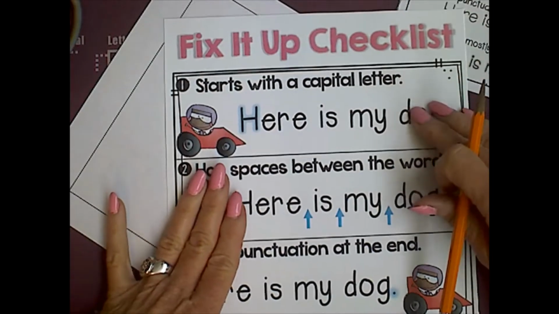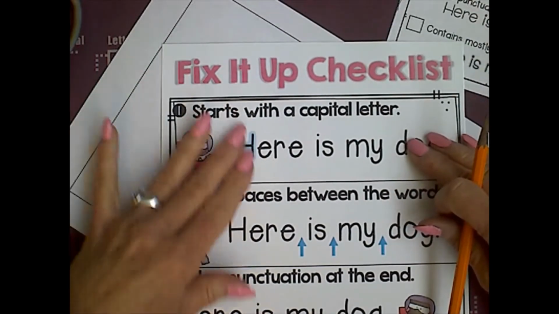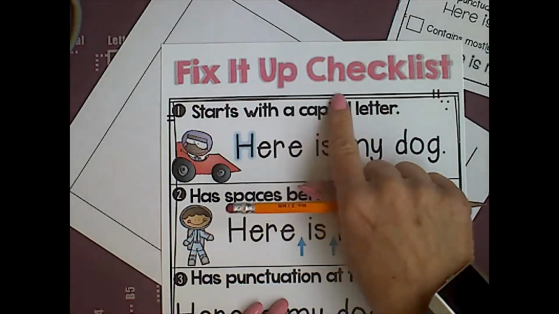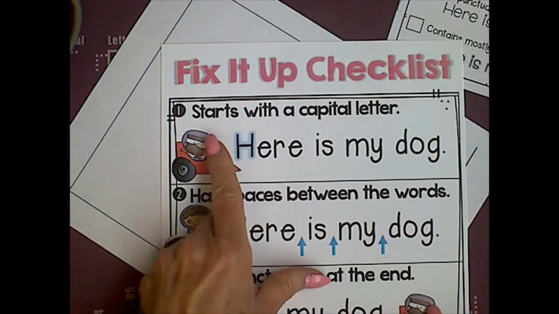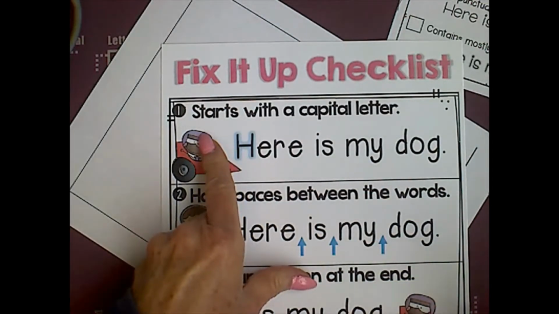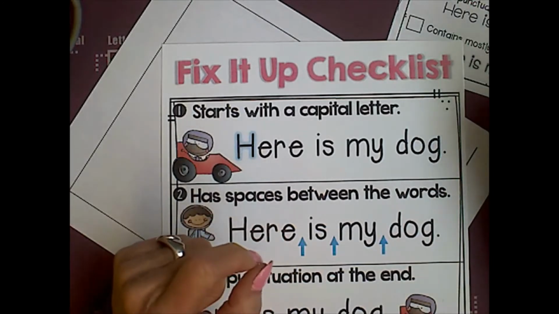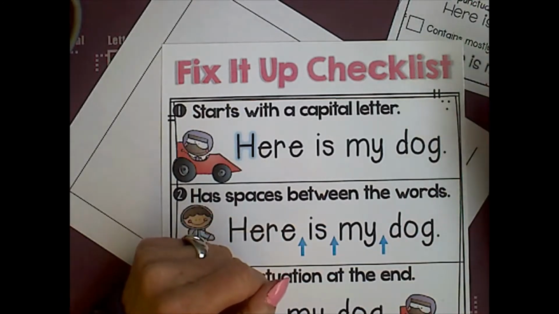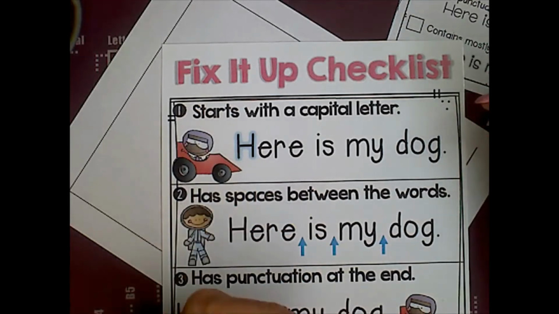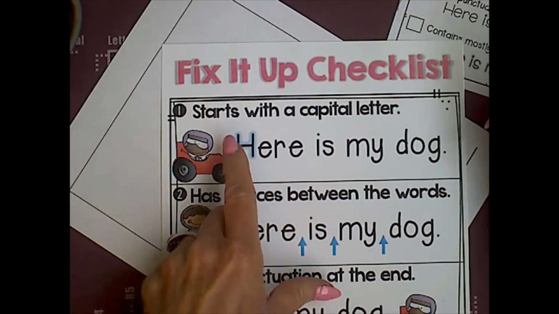First of all, I'm going to start with my fancy Fix It Up checklist. When we are going back over our work to make sure that we did everything correctly, you want to have a checklist, and authors very often have a checklist to make sure they've done things correctly and added all the things they wanted to add in.